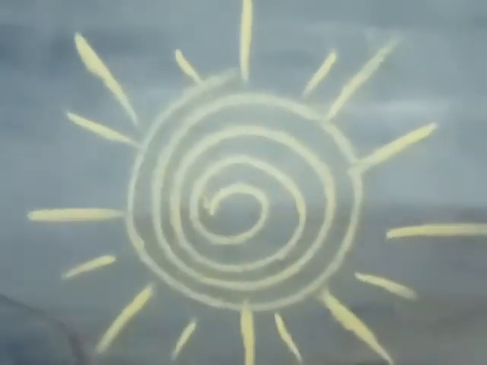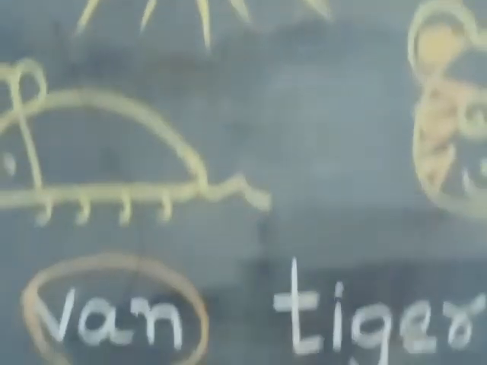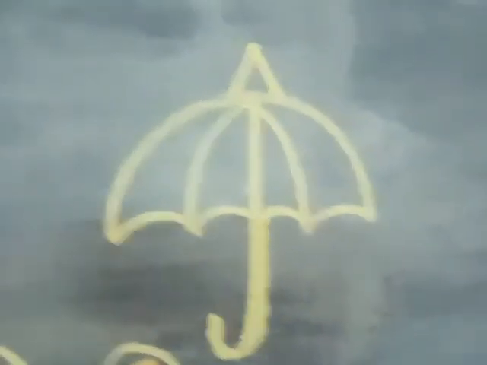Now let's see what's in the next picture. What is it? Sun. So go and identify the word sun. Where is the word sun? Sun. Go and circle the word sun. Very good. Next picture.